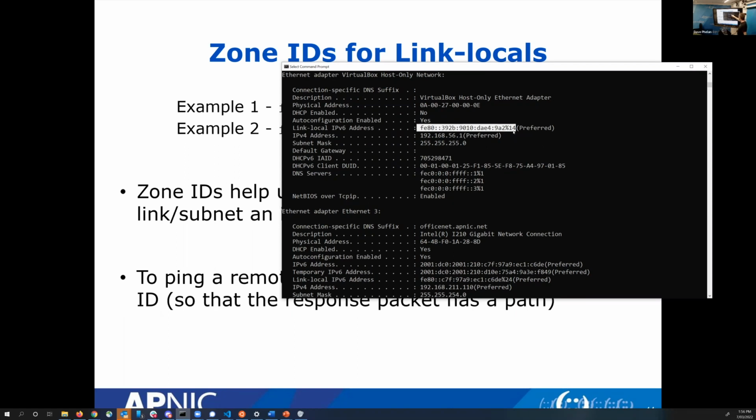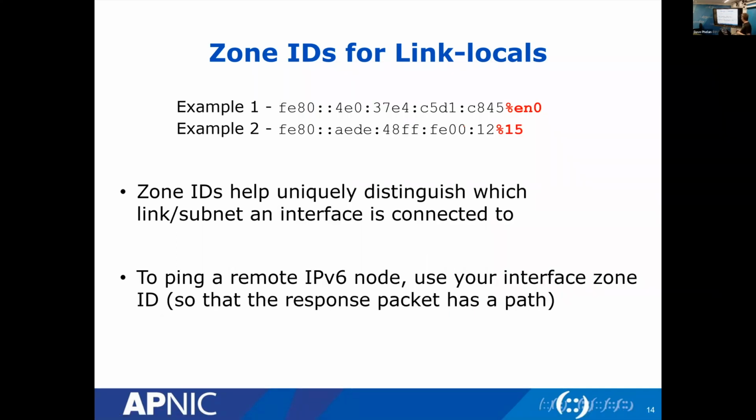This link local ties to that. That becomes important if you need to communicate across those zone ID boundaries. So we know which link, which subnet it's on, and to be able to ping something or telnet to something that's on that other interface, we would also use the zone ID.